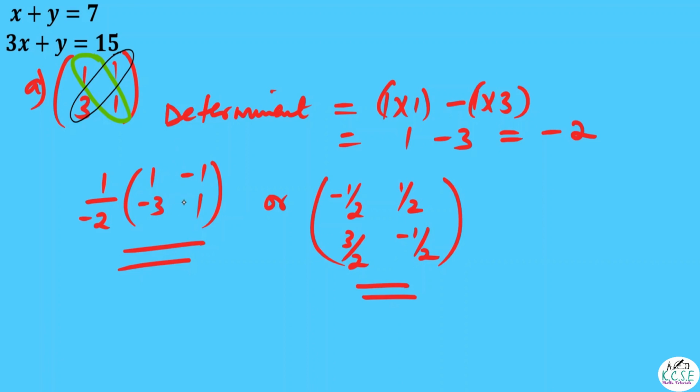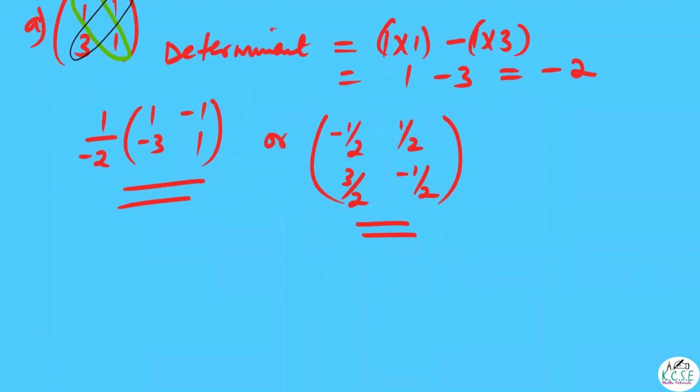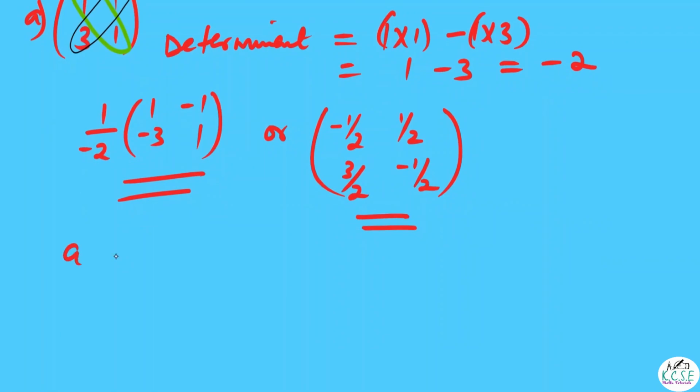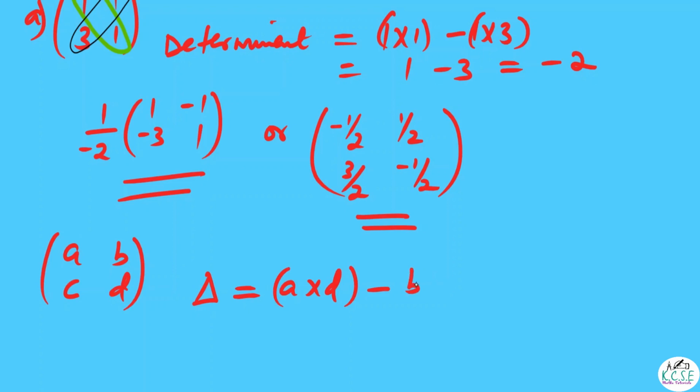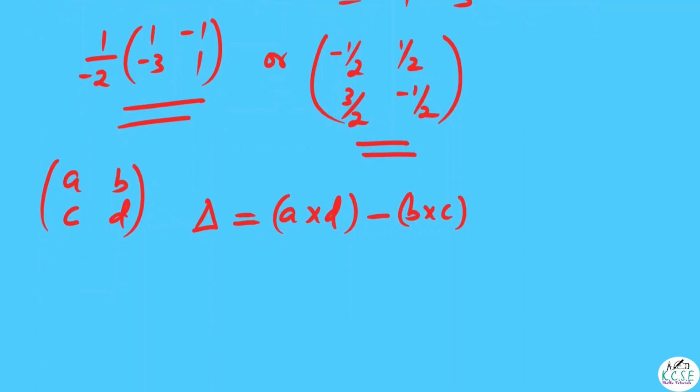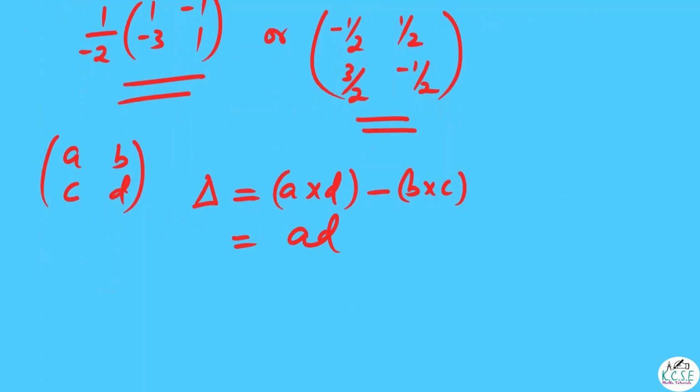This is just to remind ourselves how we interchanged the values in this part. If you are given any matrix A, B, C, and D, and you're supposed to get the inverse of this matrix, the first thing is to get the determinant, which is A times D, subtract B times C. So this gives AD minus BC.